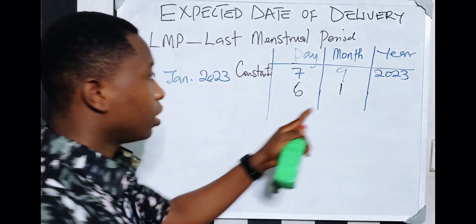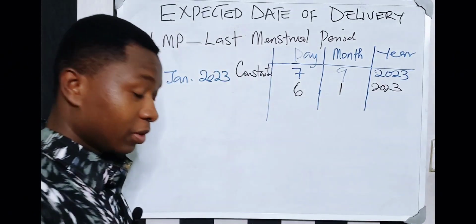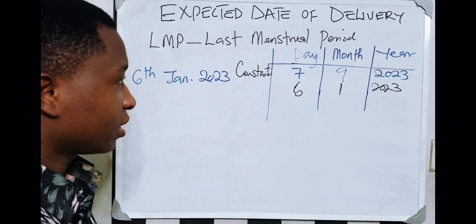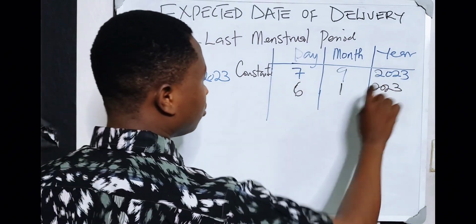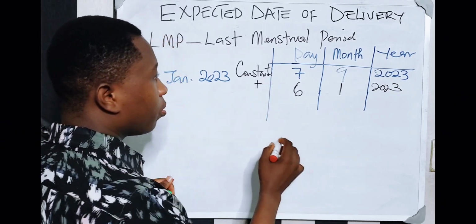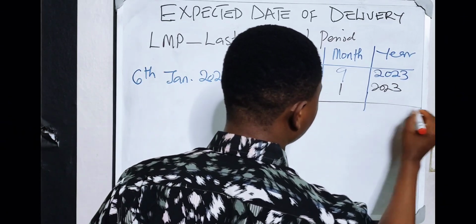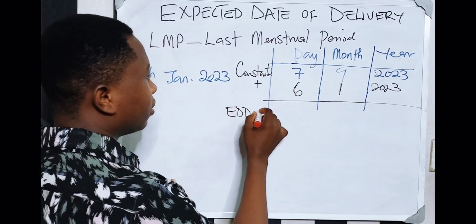We have number 1 here, the first month of the year 2023. I want to take it very slowly so you understand. Now, what you're going to do here with this constant, you're just going to add these numbers to get your EDD, the expected date of delivery.